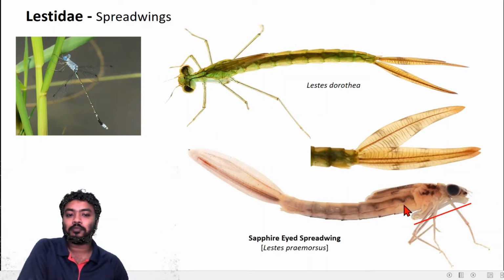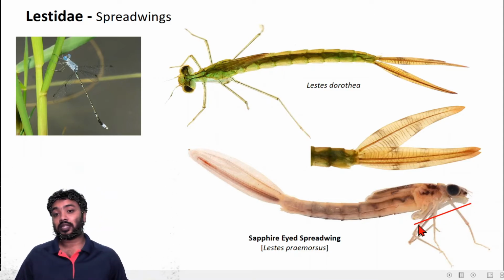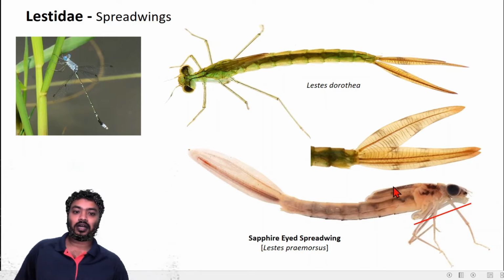Look at the second abdominal segment. So it is very long in length. Here also you can see, this is the base of the labium. So just by looking at the length of the labium, you can understand, okay, this is Lestidae. Another additional character is the feathery caudal gills, and they are very long in size.